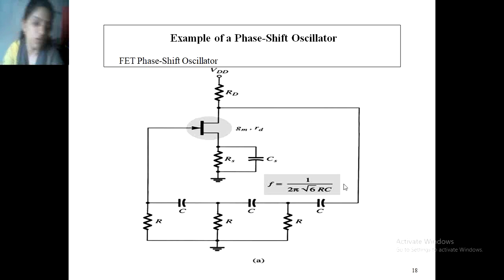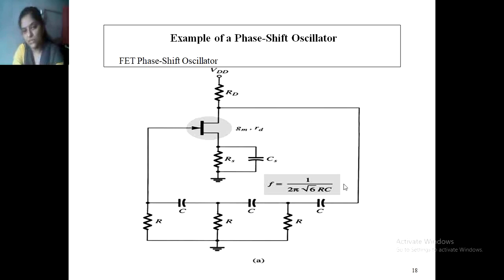It will produce the frequency f = 1 / (2π√6 RC). So according to the resistance and capacitor values, we can set the frequency of the phase shift oscillator.